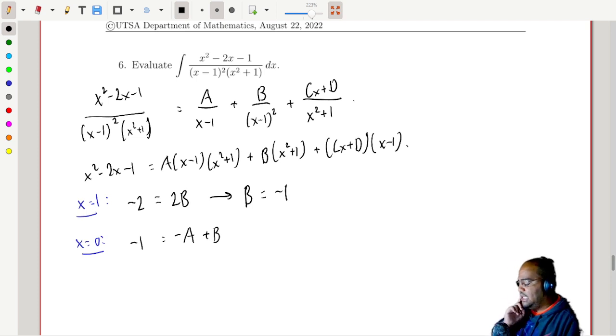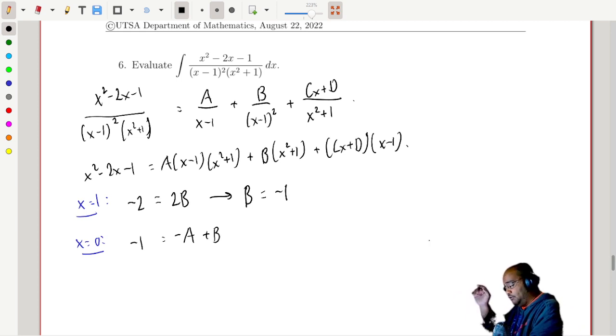And let's see what happens with Cx plus D times (x minus 1). Well, C times 0 is 0, and then I get a negative 1 for the D term there. But remember, I know what B is, so I can just plug that in.